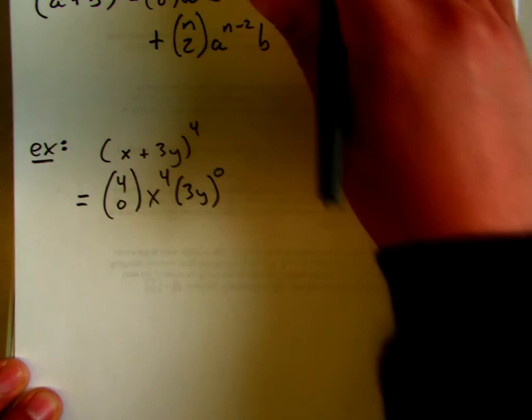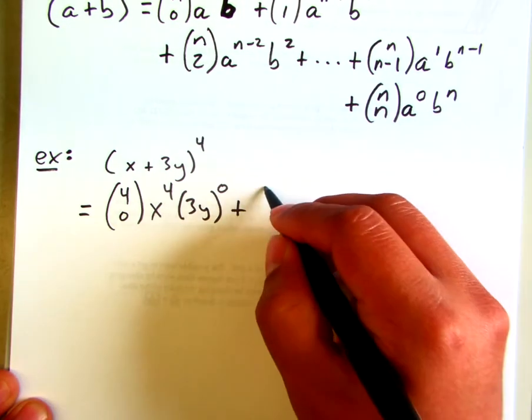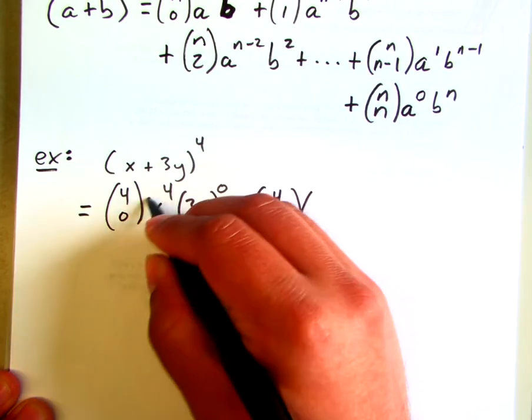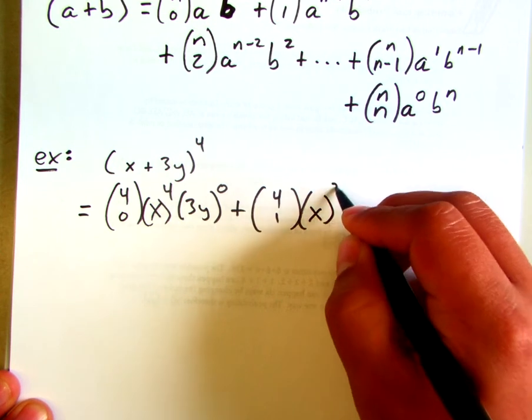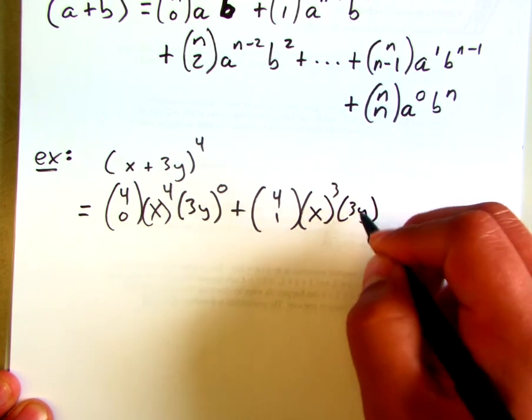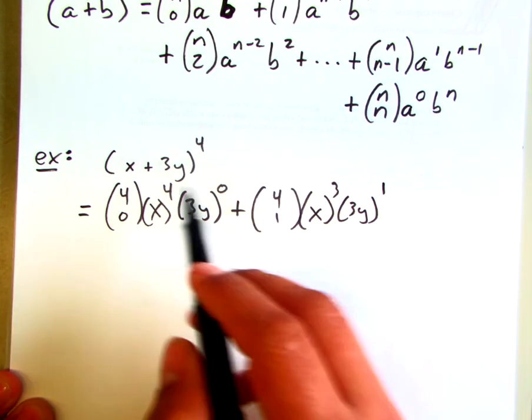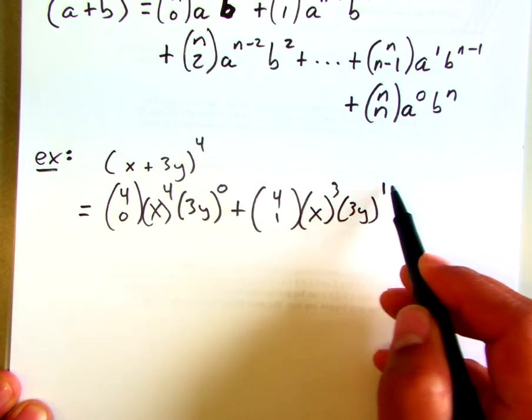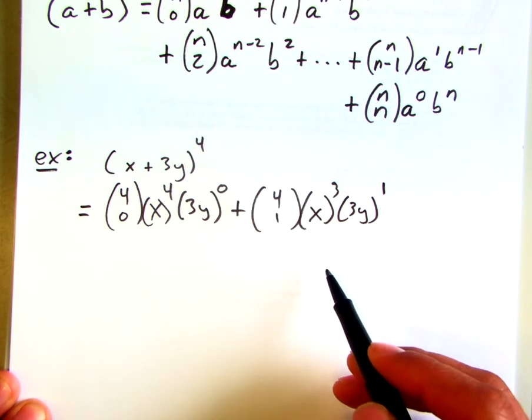And then we just keep the pattern alive. What's the next coefficient? 4 choose 1. The exponent of x goes to 3. The exponent of 3y goes to the first. Notice, 4 and 0 make 4. 3 and 1 make 4. The exponents always add up to the power.